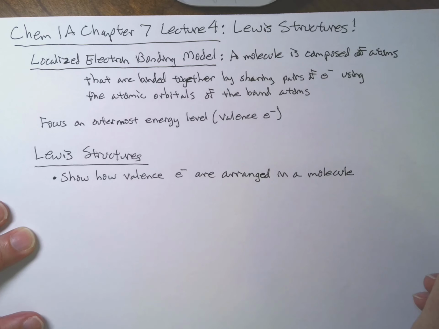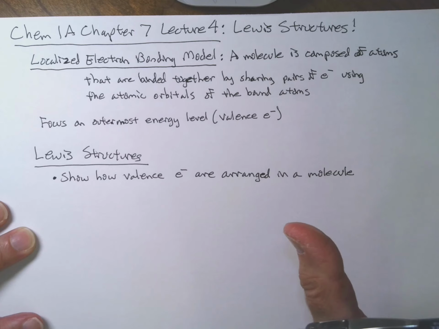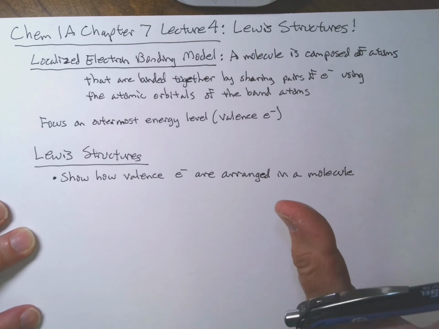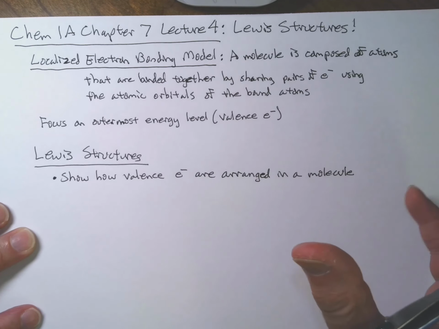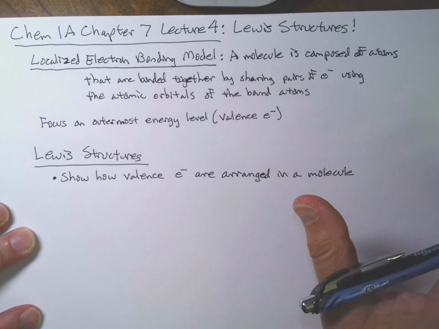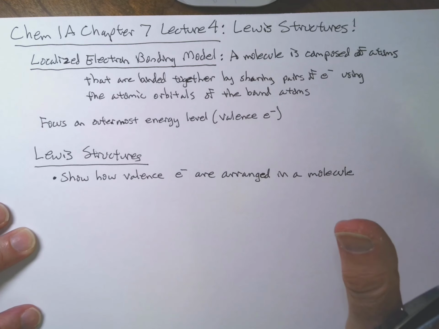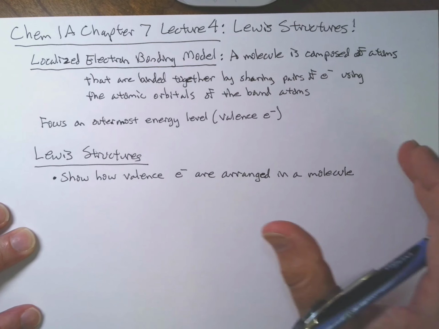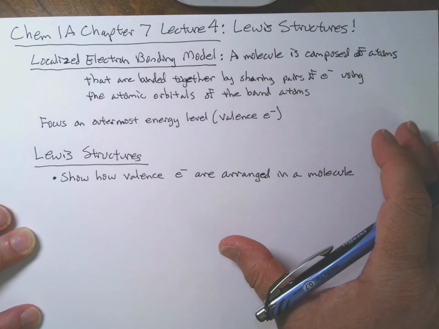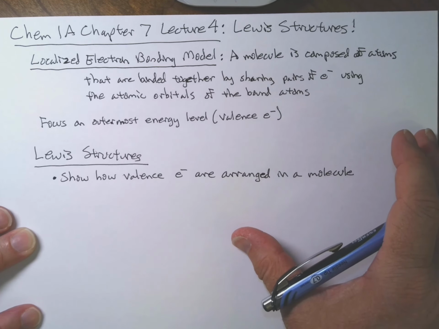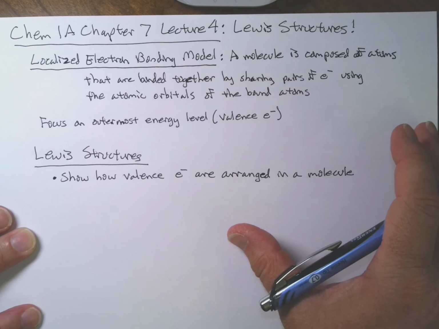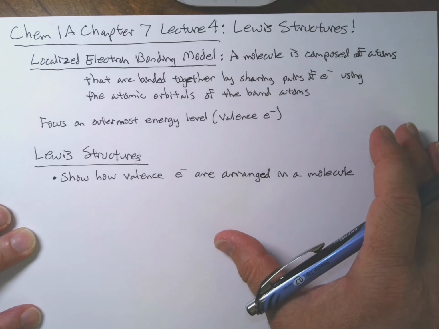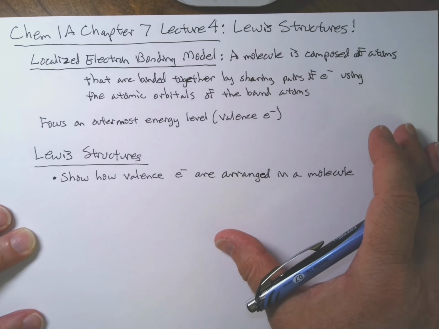Lewis structures are in some ways like oxidation states, oxidation numbers. They are a man-made construct and a way of keeping track of electrons. They are accurate in many cases and not as accurate in some cases. And we'll take a look at some of those exceptions as we go along.